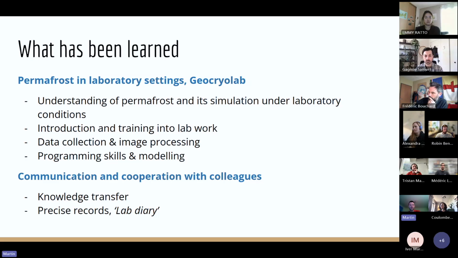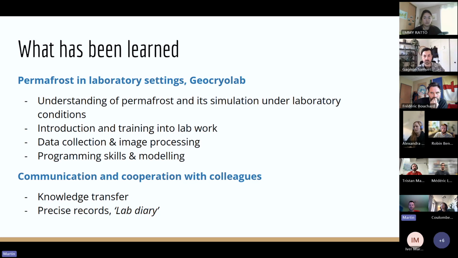So what actually has been learned at the end was that we understood how the permafrost is behaving during the simulations. I got introduction and trainings in the lab because I was working with a lot of sensors, a lot of equipment.